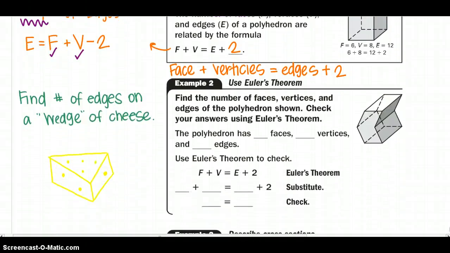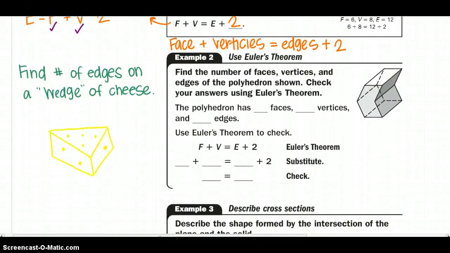So using Euler's theorem, find the number of faces, vertices, and edges of the polyhedron shown. Check your answer using our theorem. So we can say this has how many faces? Let's see, 1, 2, 3, 4, 5, 6, and then the back face is 7, and the front is 8. I found 8 faces, 12 vertices.